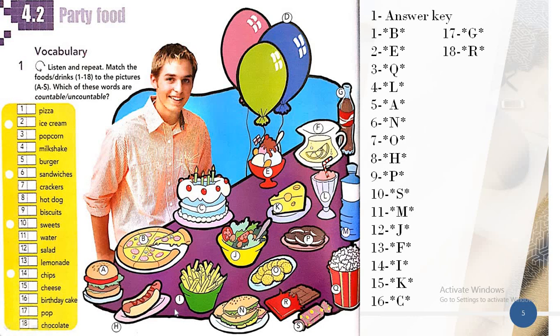Look for the pop. Give me the answer, please. Good, G. Very good. And chocolate is picture R. Make sure you write the letters next to the right number word.